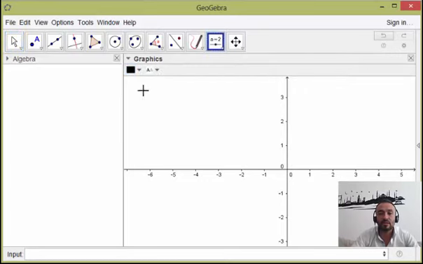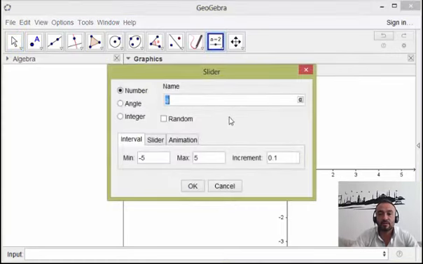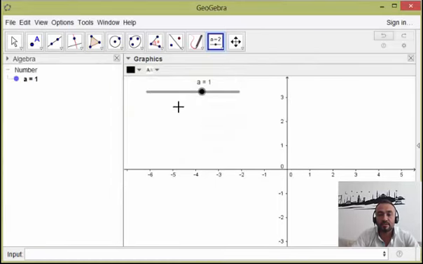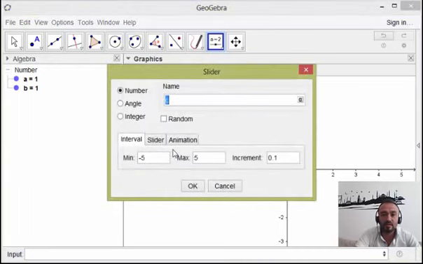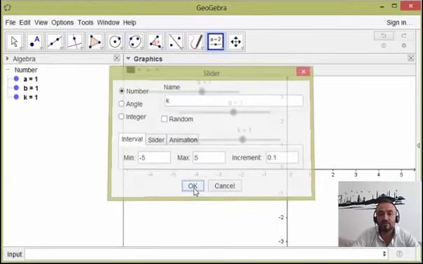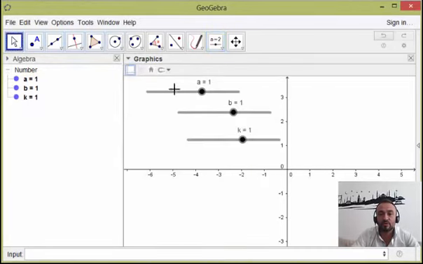I will use sliders to make a generalization after creating the parabola, which are A, B, and K. I will show you the role of the sliders now.